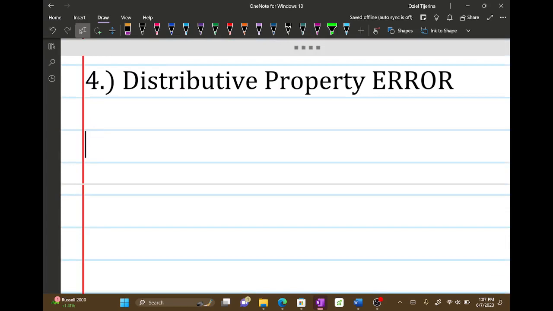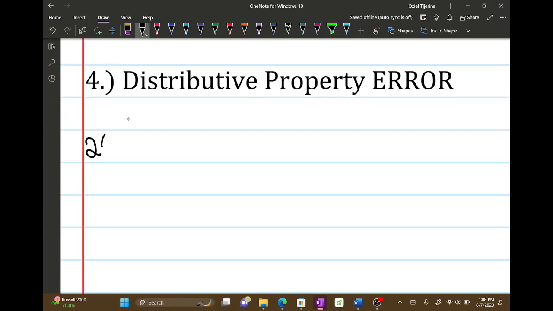Now, another mistake, another error that students make all the time in algebra is, if I say, for example, 2 times x minus y, basically they don't distribute it all the way through.